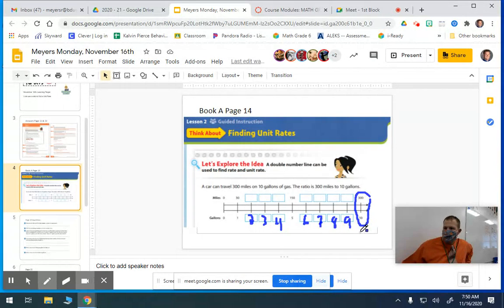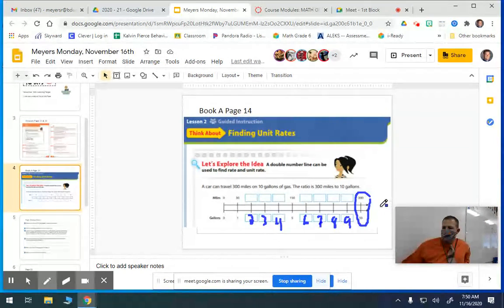So we go ahead and divide it by 10, and then we can figure out it's 30, okay? They also talk about how we could probably figure out what half of this is, right? And so if we took 300 tenths and we divided each of these by 2, we can find an equivalent ratio that would be for 5 gallons of gas, right? 10 divided by 2 is 5. And 300 divided by 2 is 150.